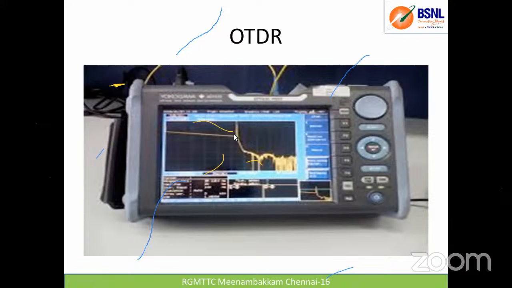Once it identifies the fiber cut, the signal level will drop to 0, and sometimes to a negative value. Since the x-axis shows the distance and the y-axis the signal level, from where they insert the OTDR they can identify at which place the fiber cut has occurred, and they can go and splice the fiber. This is the optical time domain reflectometer.